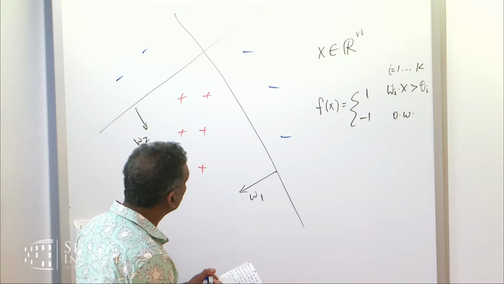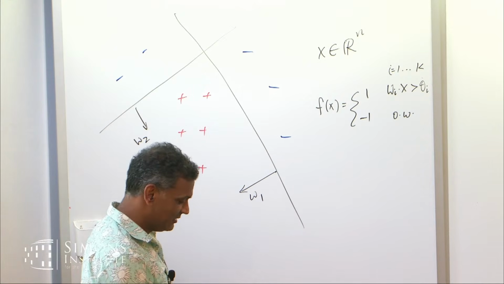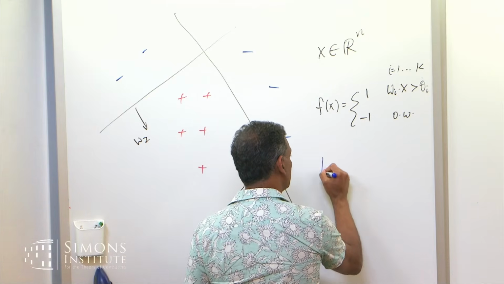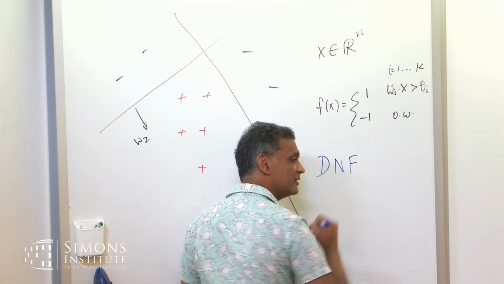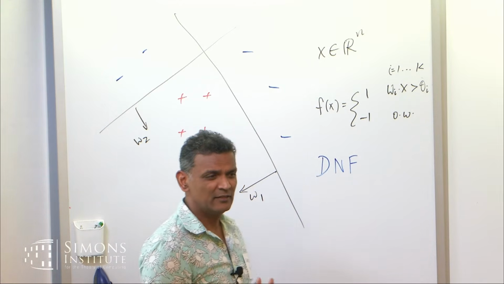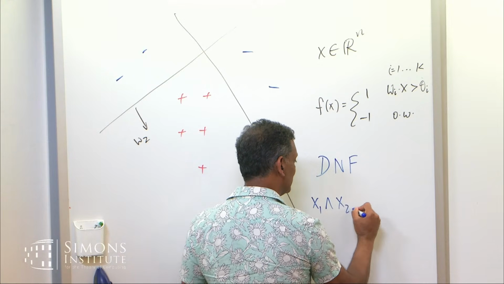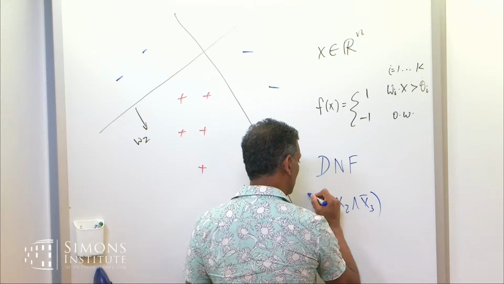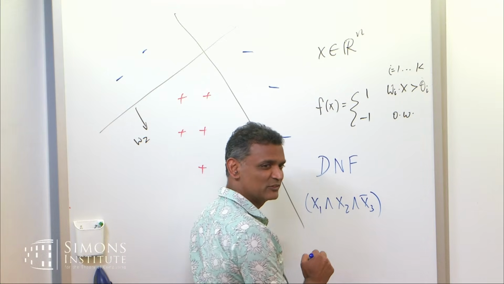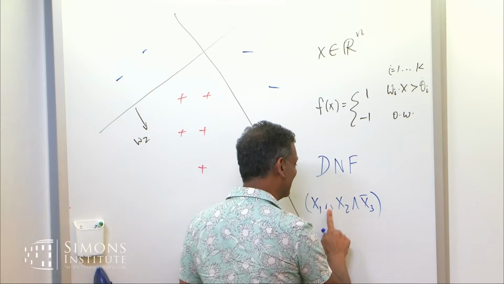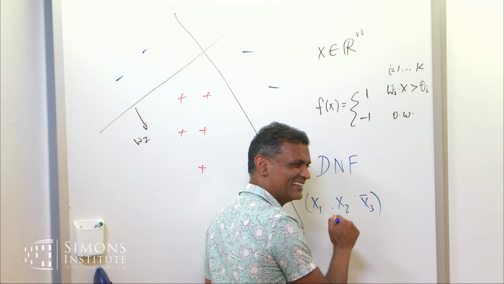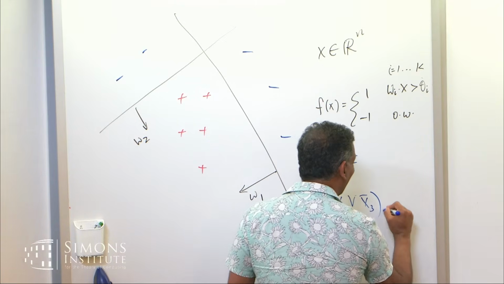Now, this problem generalizes DNF, which was a nice problem in the original PAC learning paper, because in DNF you want to do x1 and x2 and x3 bar, and so on.